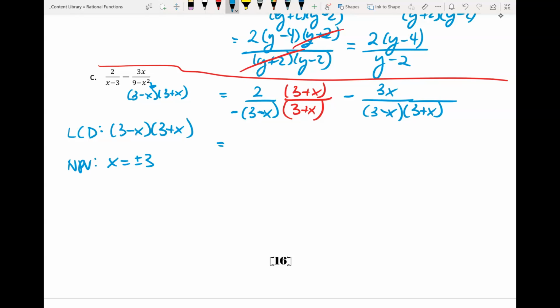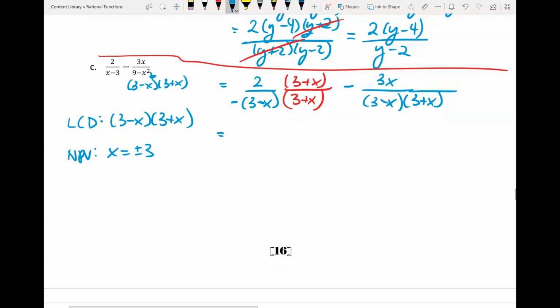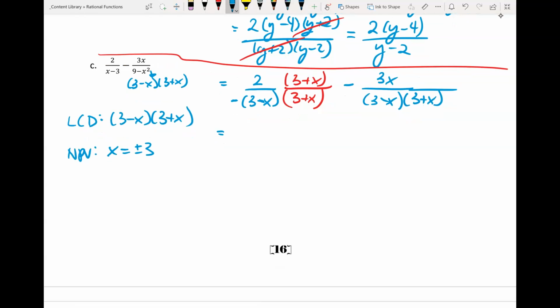Now let's go ahead and simplify. In our numerator, we have 2 times 3. Or what I can actually do is bring this negative up with the 2, because it doesn't matter. The negative can go either in the numerator or the denominator, and it would be the same thing. So I'm going to move this negative up so we can get a negative 2 times 3, which is negative 6, and negative 2 times x, which is negative 2x.